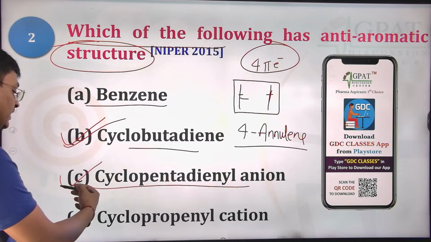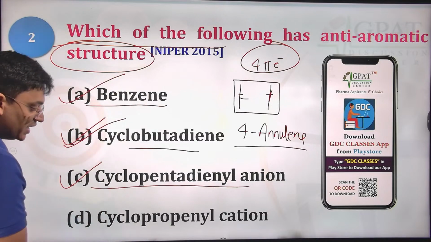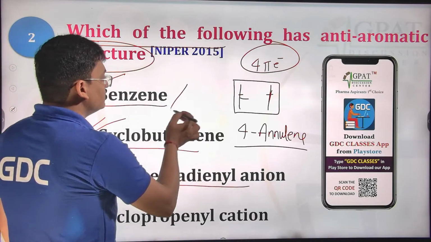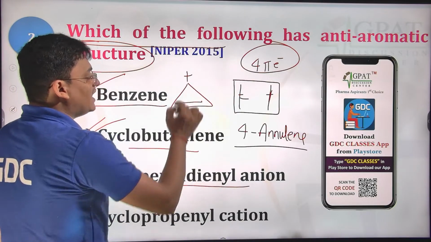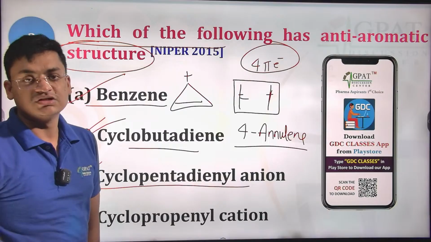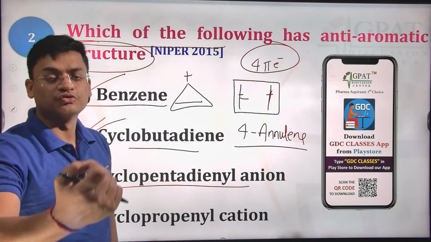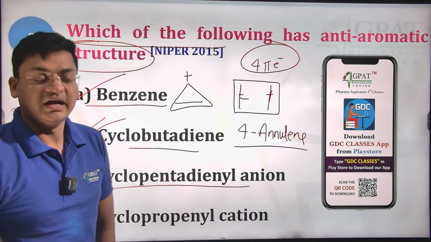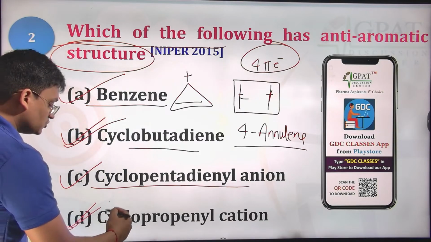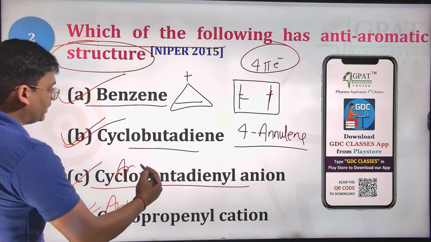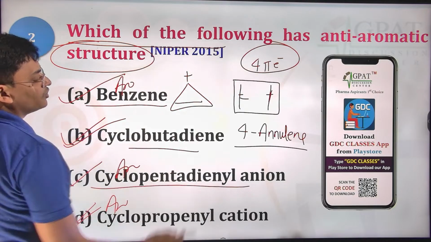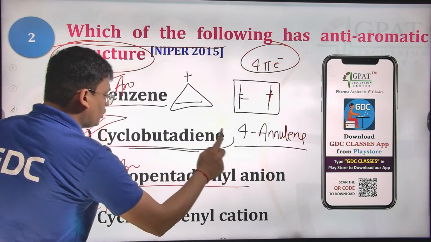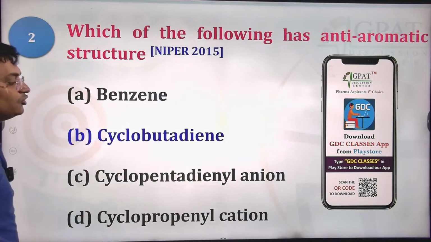And cyclopropenyl cation has a 2 pi electron system, that is 4n plus 2 equals 2 electrons, with n equal to 0, so this is also aromatic. Your question was which is anti-aromatic, so it will be B, that is cyclobutadiene.